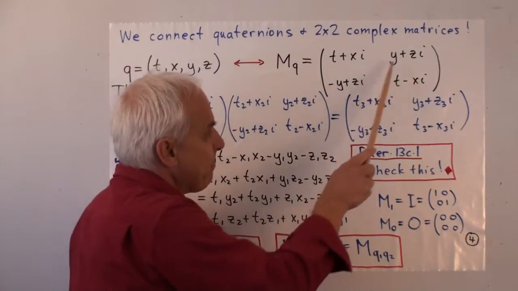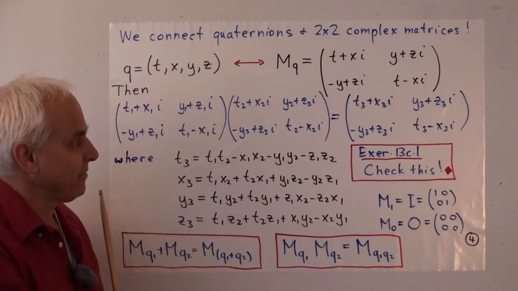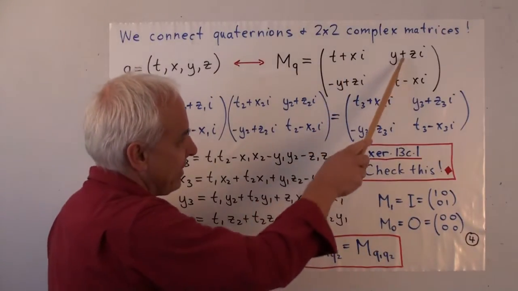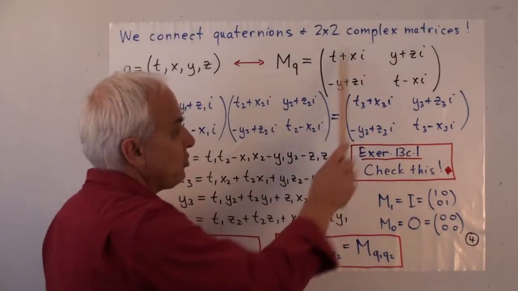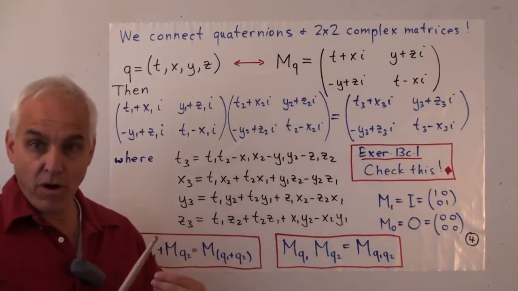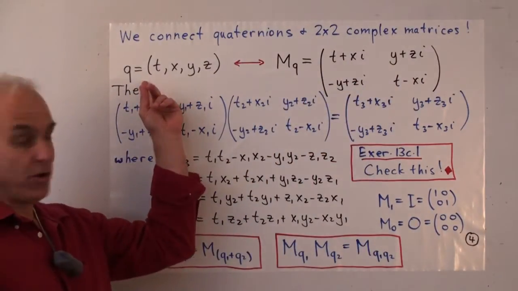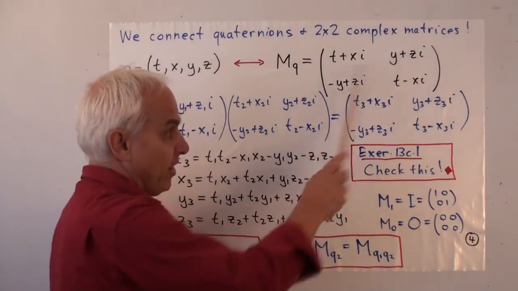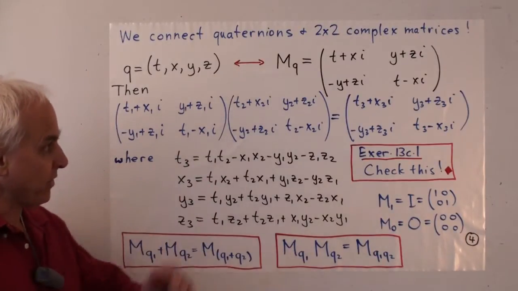So this is just minus the complex conjugate of that one. So I hope that's reasonably easy to remember. And given any 2 by 2 complex matrix of this form, it's straightforward to read off the associated quaternion because the entries are just t, x, y, and z. Just read along the top row, ignoring the i's.